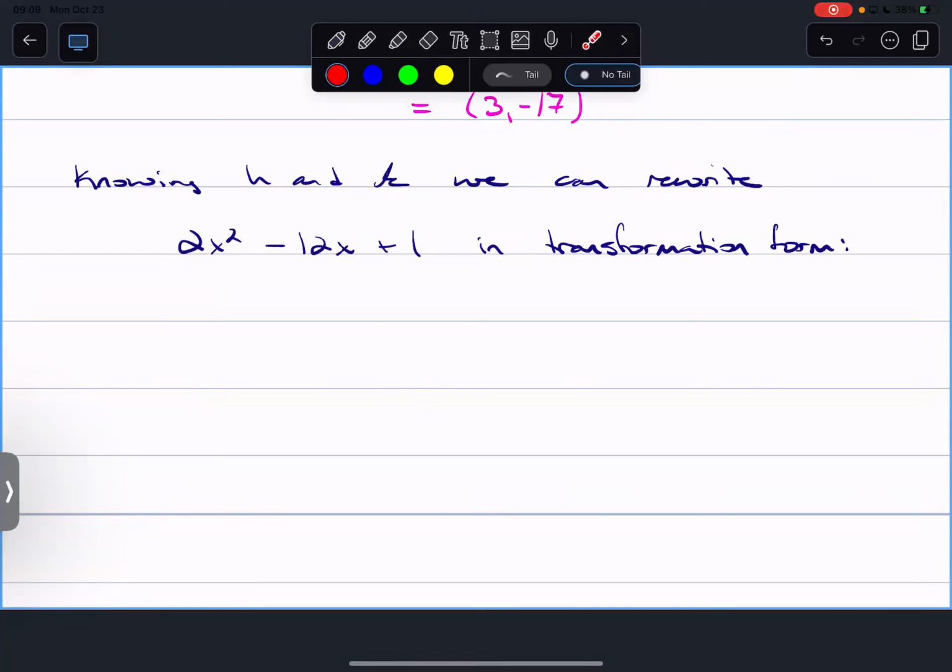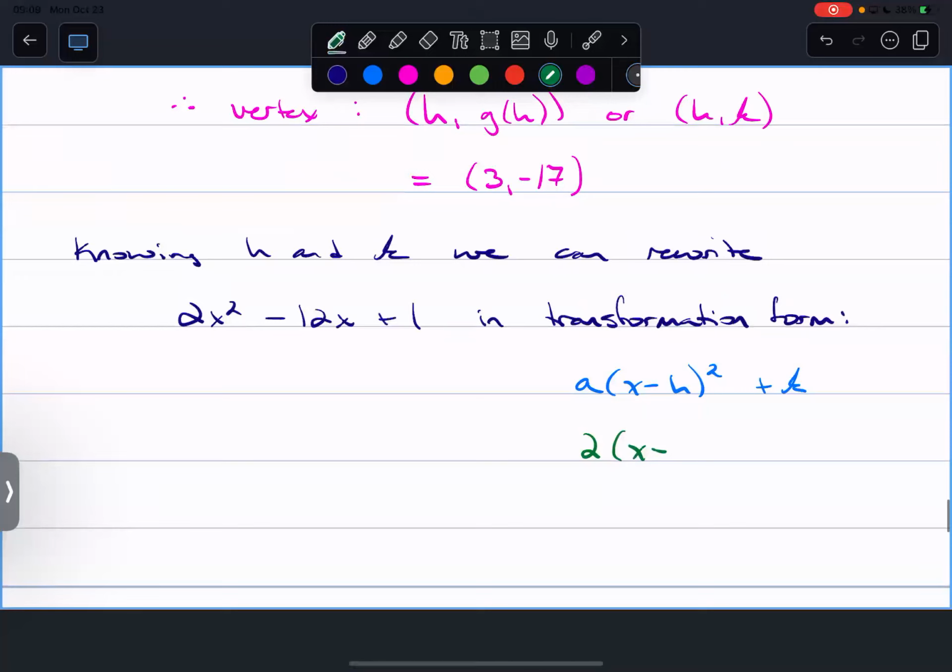Transformation form in general is a times x minus h squared plus k. We know h and we know k, so here we go, and a is the same. So a is 2 times x minus h, which we found was 3, squared, minus 17.